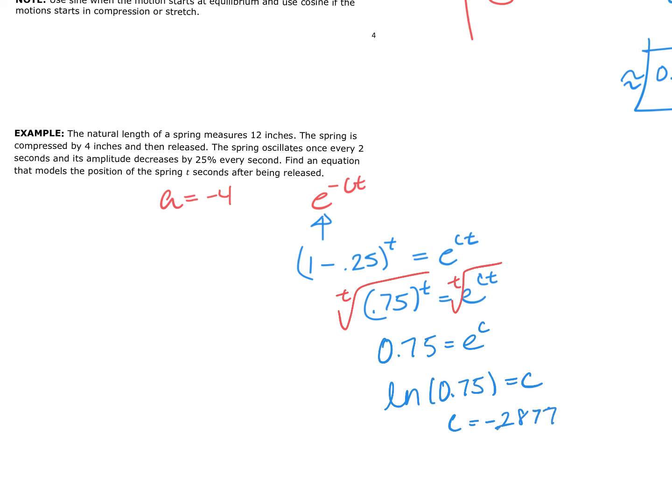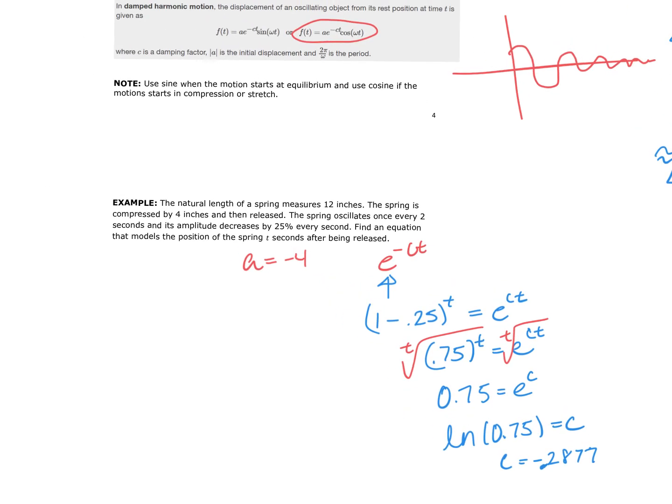Okay, so now we have our c and we have the A. Remember our equation f of t is equal to, we found the A to be negative 4, so we put a negative 4 in there. We also have e raised to the c, so this is going to be e raised to negative 0.2877 times t. So we found that part of it.